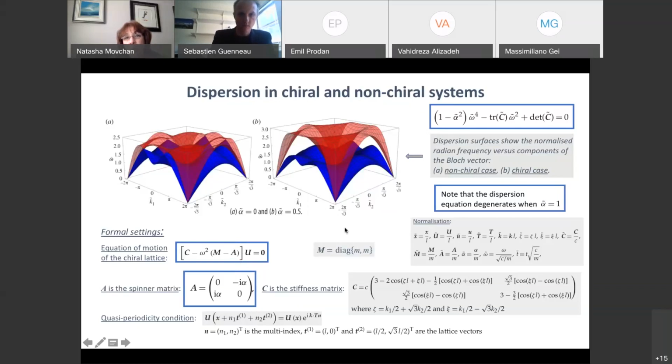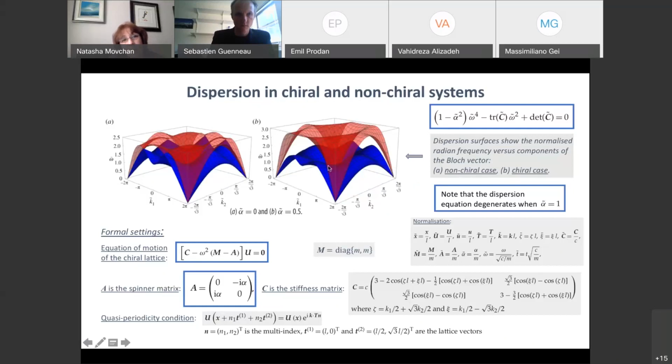This term, of course, when we start looking at the dispersion relation, which is written down at the top right-hand corner, we will have the contribution of the spinor constant alpha in this term. And we can draw the dispersion surfaces for some normalized frequencies.